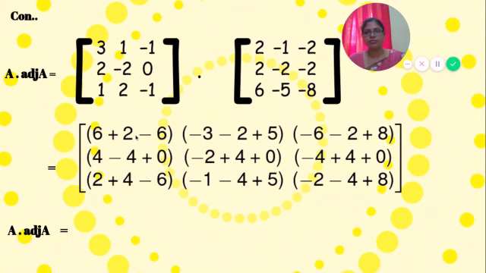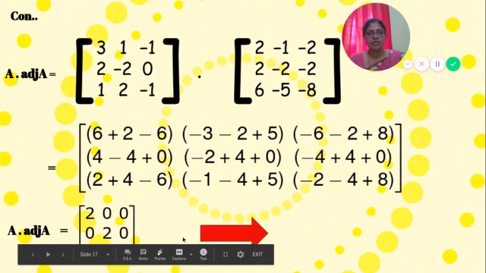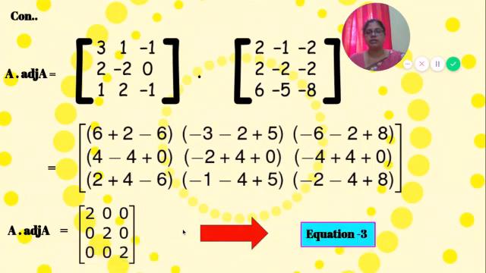For A11, I multiply the first row with the first column. For A12, the first row with the second column. For A13, the first row with the third column, and it goes on. And A into adjoint A is 2, 0, 0, 0, 2, 0, 0, 0, 2. I am taking this as equation 3.